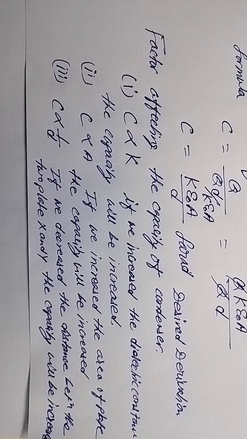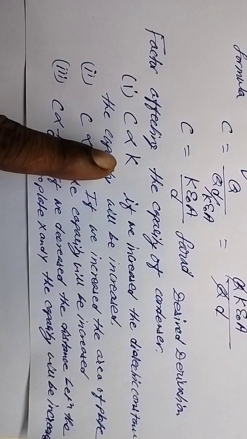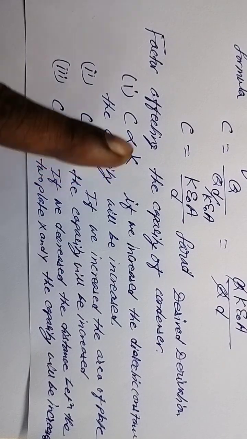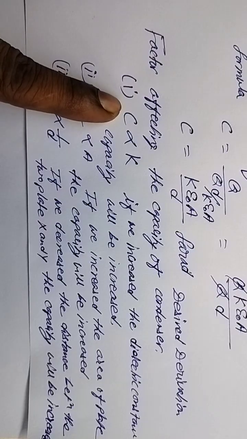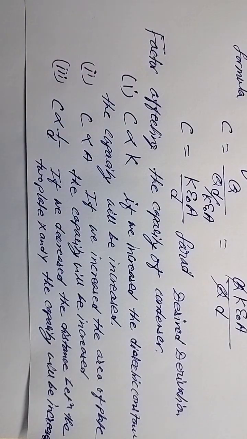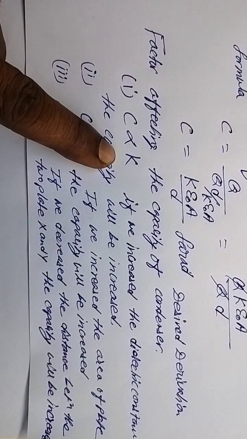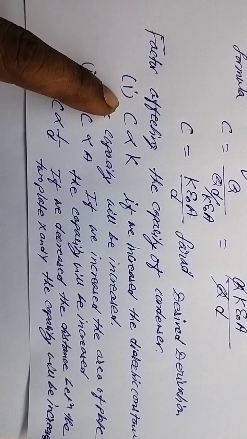So remember that C is proportional to K, and you can explain in your own words simply. If we increase K or decrease K, the same behavior should be with capacity. If we decrease the dielectric medium constant, capacity decreases.